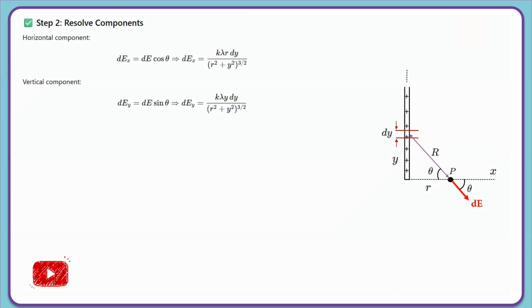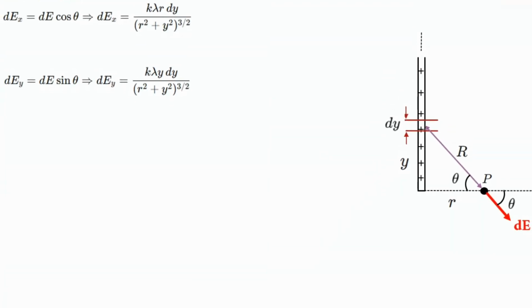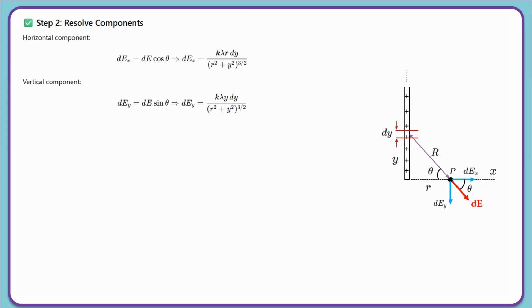Now let's continue by resolving the electric field into its components. The horizontal component is dEx, and the vertical component is dEy. Using the geometry shown in the figure, we obtain the component equations displayed on the slide.